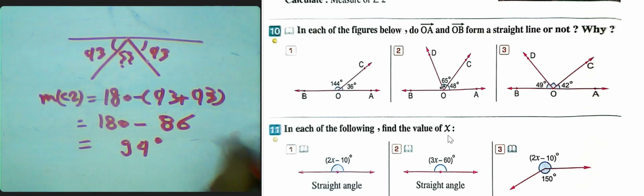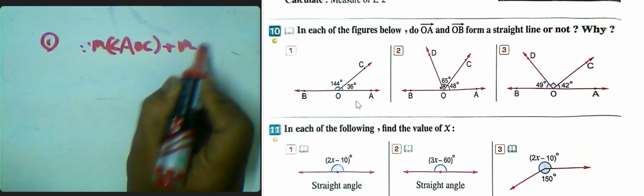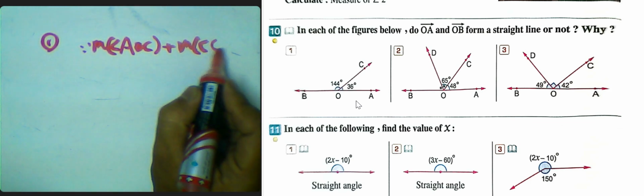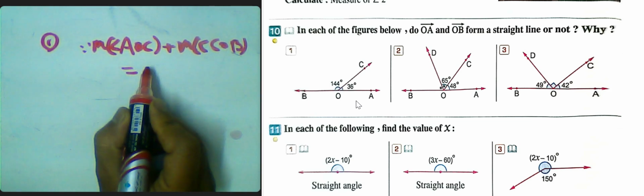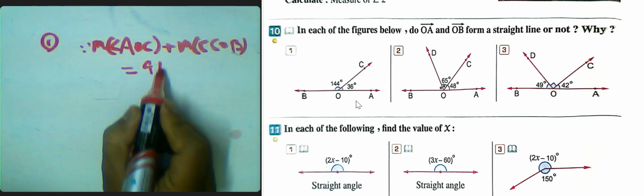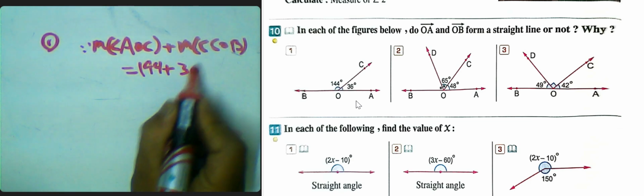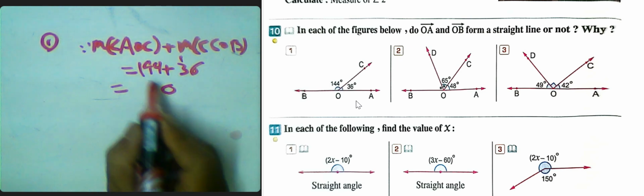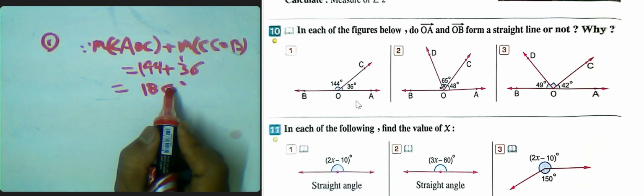Each of the following below, do OA and OB form a straight line or not? Okay, question number 1. He is asking whether they are on the same straight line. If I make a summation that equals 180, then they are on the same straight line. So the first step: such that the measure of angle EOC plus the measure of angle COP, the sum of them, will be what? 144 plus 36 equals 180.